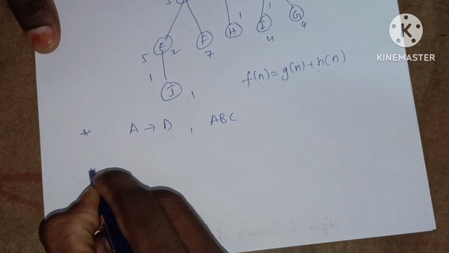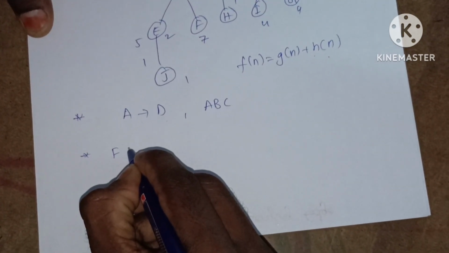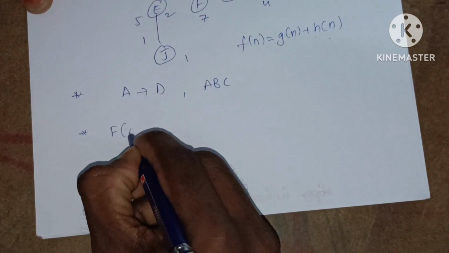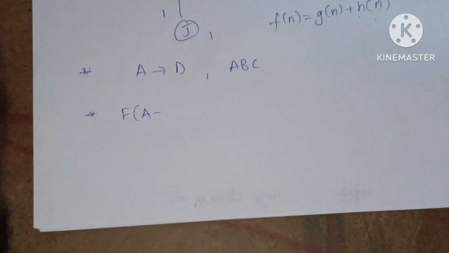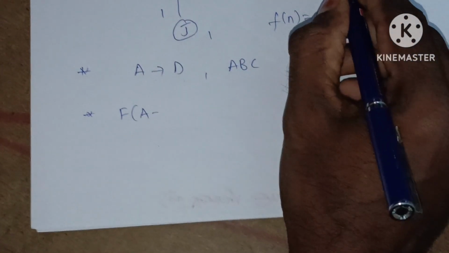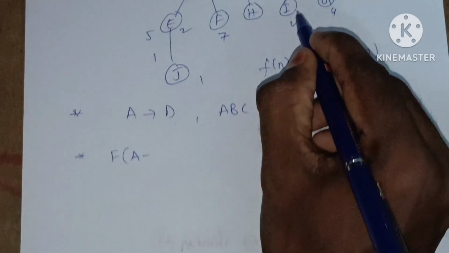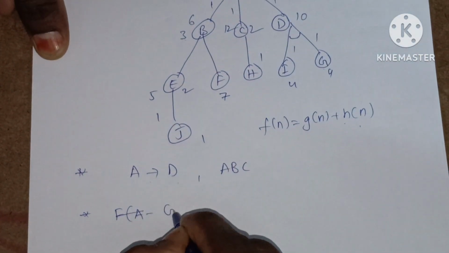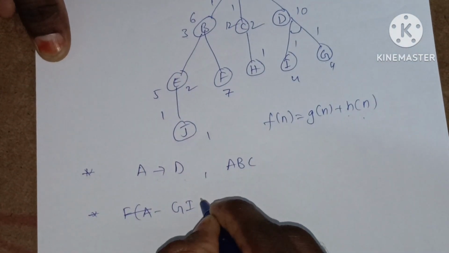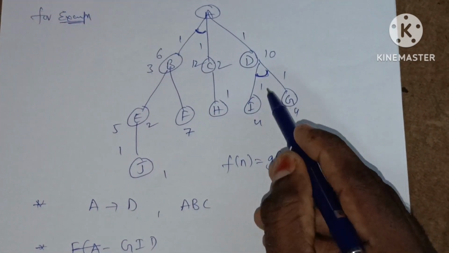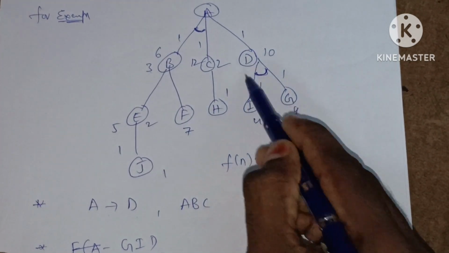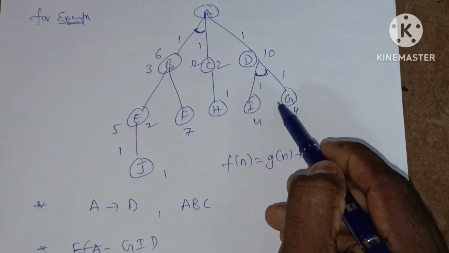So here the second one is G, I, D. Why? Because you are combining. So G and I are combined. Clear?